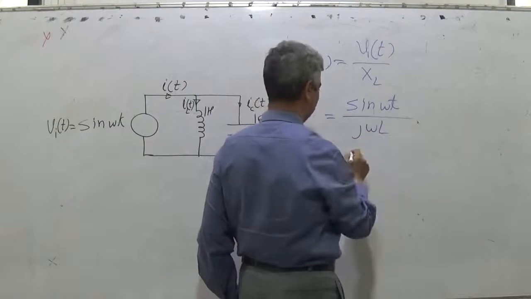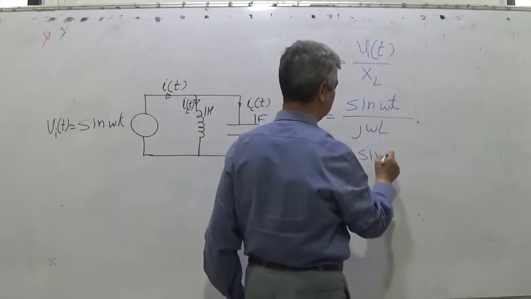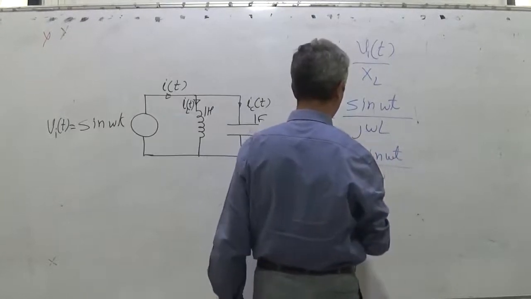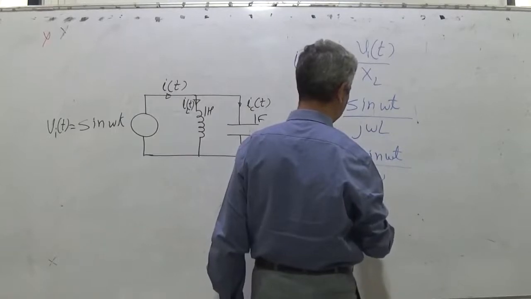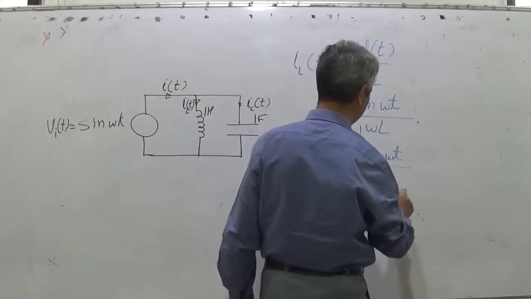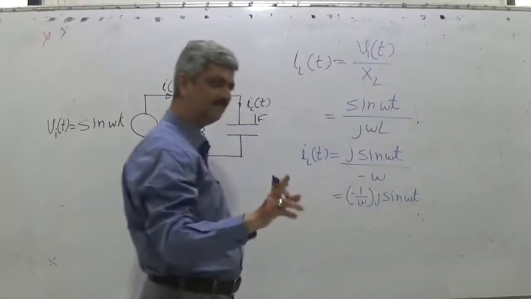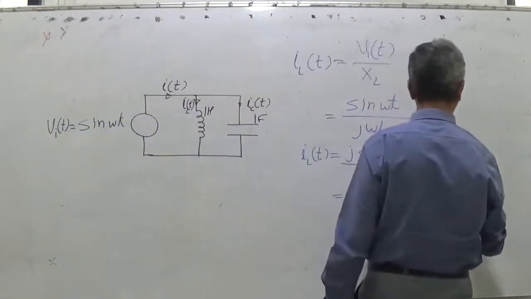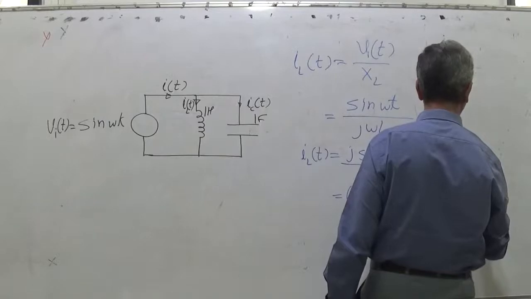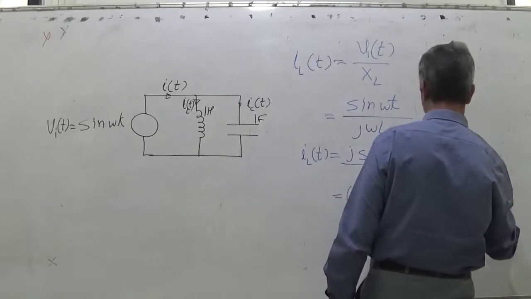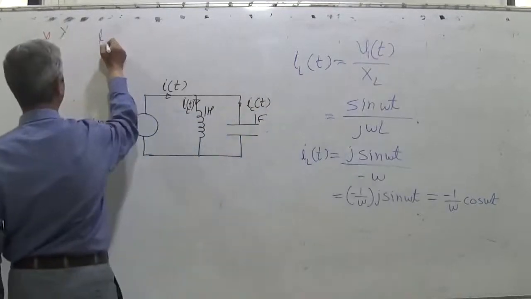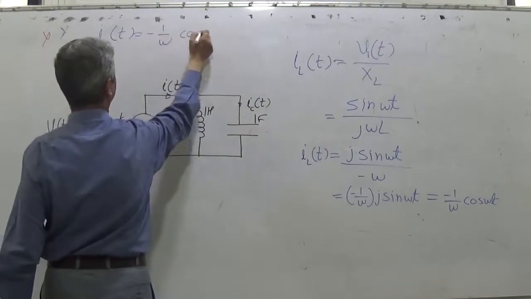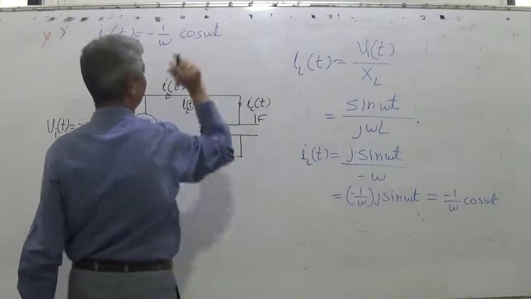Multiplying numerator and denominator by j: j sin omega T upon j square omega, and j square is minus 1, so it is minus 1 upon omega j sin omega T. What I know is j sin is cos, so it is minus 1 upon omega cos omega T. So I write here ILT is equal to minus 1 upon omega cos omega T. Is it clear now?